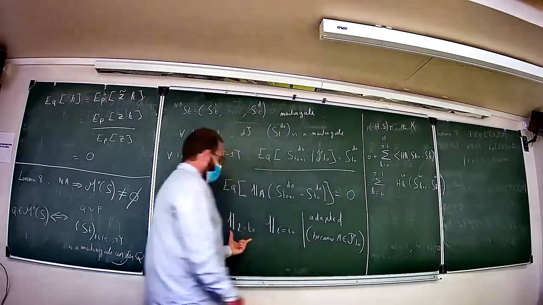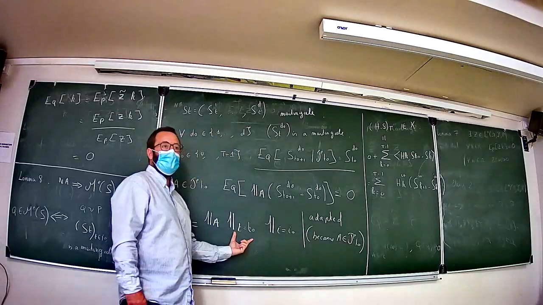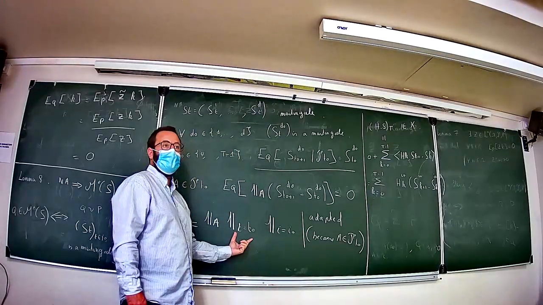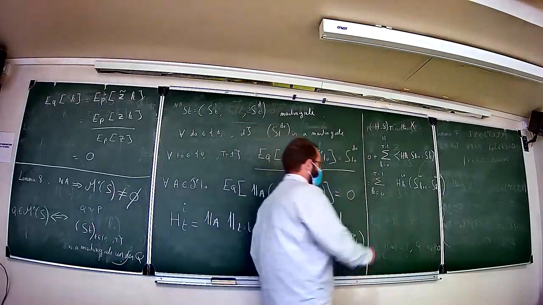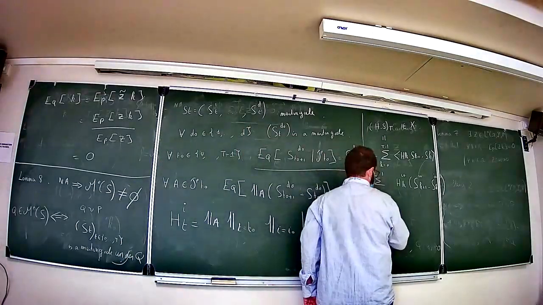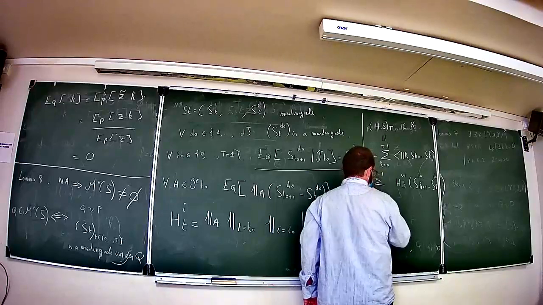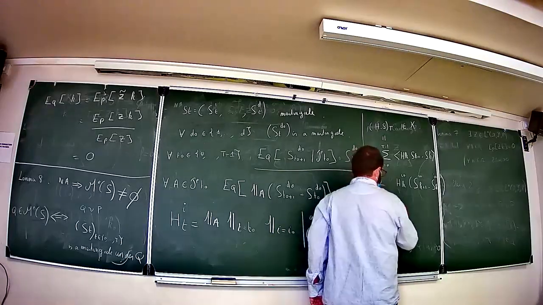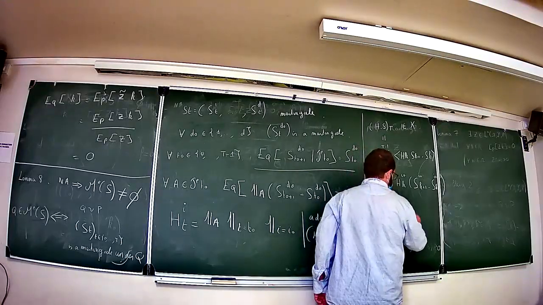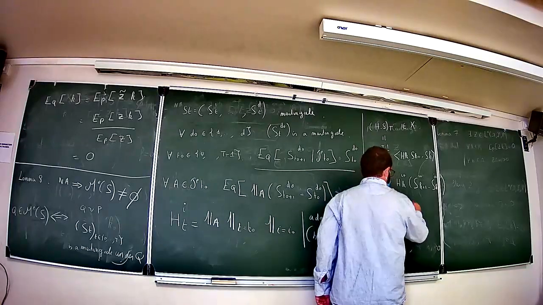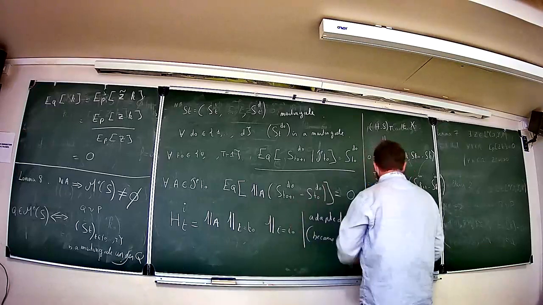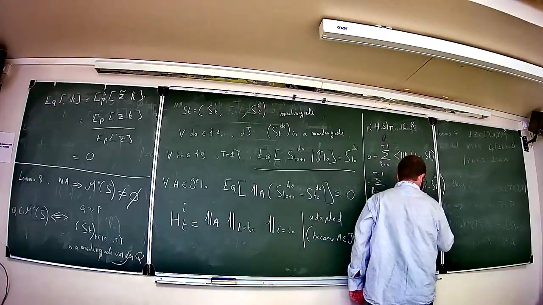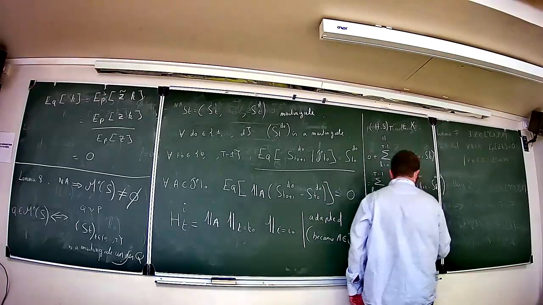Once again, I have only one time where I am not equal to 0, at time t equal to t0. So in this sum I have a single element: h t0 I0 times S t0 plus 1 I0 minus S t0 I0.